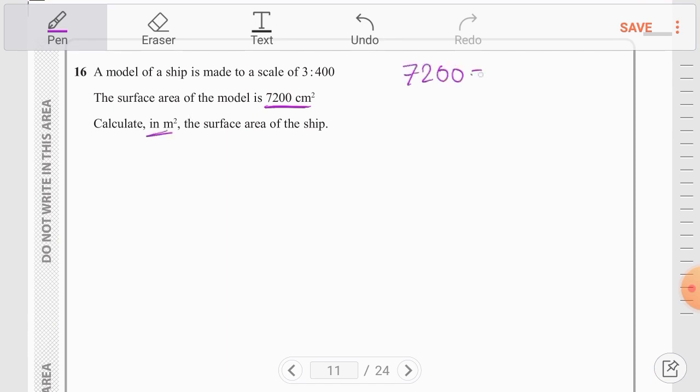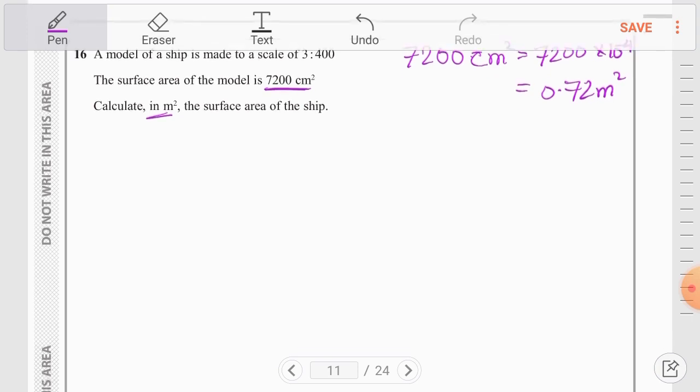72 centimeter square would be meter square, and we need to multiply 7200 into 10 to the power minus 4, and then we get 0.72 meters square.